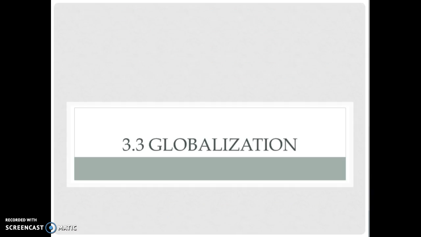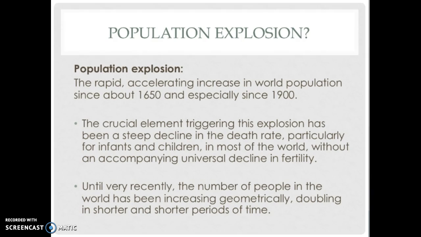On that note, we can take a look through the lens of globalization at population geography and begin to understand a little bit more about the population explosion, the rapidly accelerating increase of world population since about 1650, but especially over the last 115 years. A crucial element in this explosion has been a steep decline in death rate, particularly among infants and children.